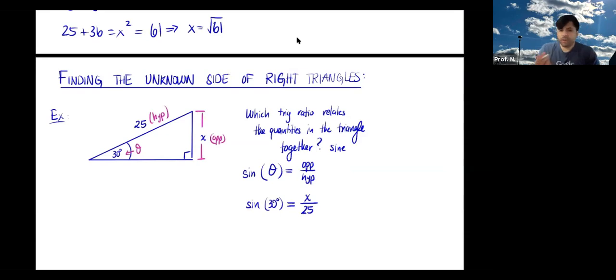But then I'm trying to solve for x, right? I want to find x. That's really what we're trying to do. So how do I find x? I multiply both sides by 25. 25's cancel. And I'm left with x equals 25 sine of 30 degrees.